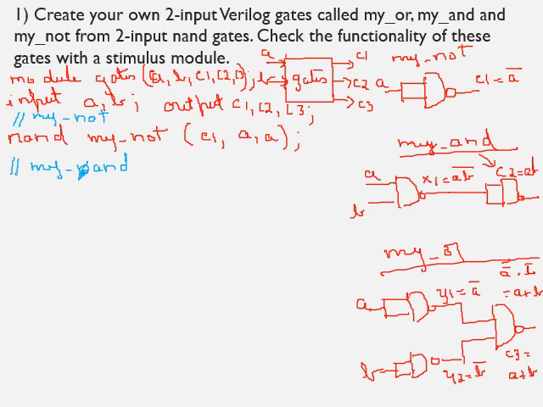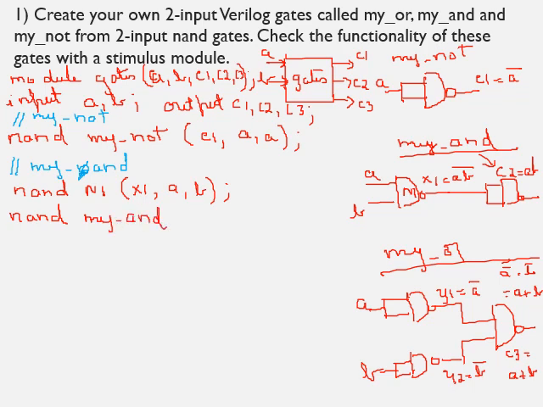So for my AND, I require a NAND gate. So I will give some instance label to this, say N1. N1, the output of this is X1, A comma B, and the next NAND gate I will name as my AND.